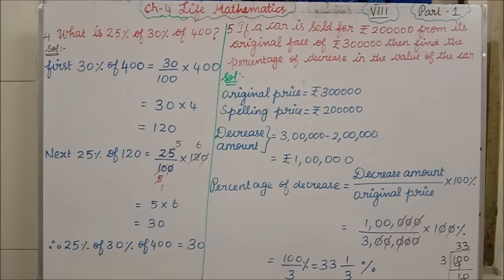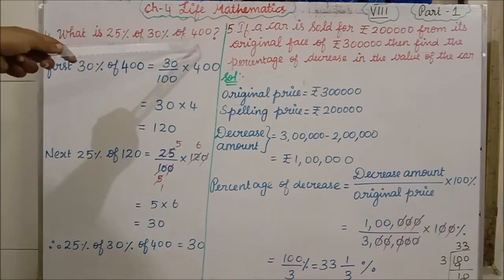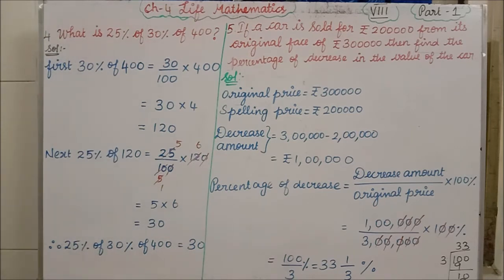Students, I told you whenever in between if you are having of, you have to put multiply symbol, isn't it? So, first we have to find from the last, which is 30 percentage of 400. Now we will find 30 percentage of 400 first.